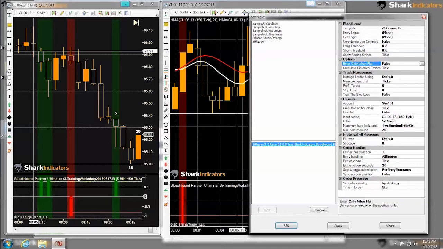Gerard has in parentheses contracts being equal, partial closeout if not. So NinjaTrader basically manages the execution of the trades.